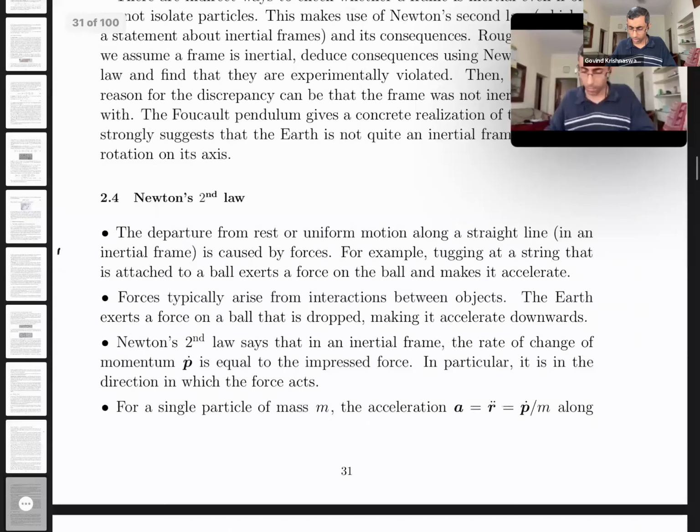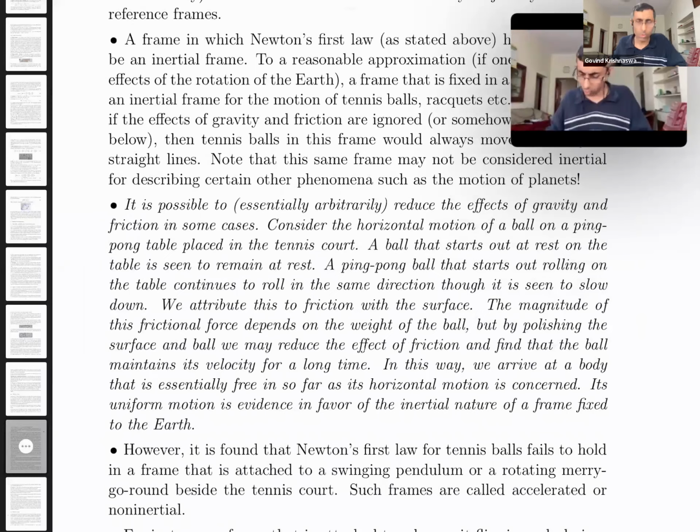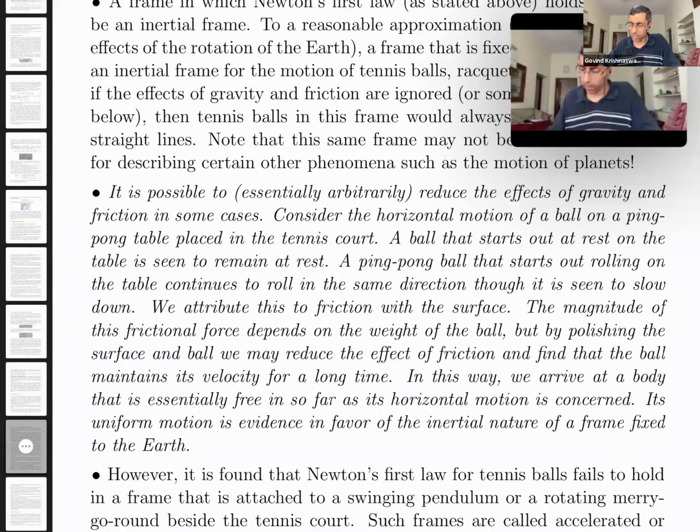I wanted to mention one example, which I should have said last time. It somehow slipped my mind. There was this discussion of evidence for the Earth being an inertial frame. One has to do experiments to find out, so it's not that easy just to say, but I wanted to mention this example.